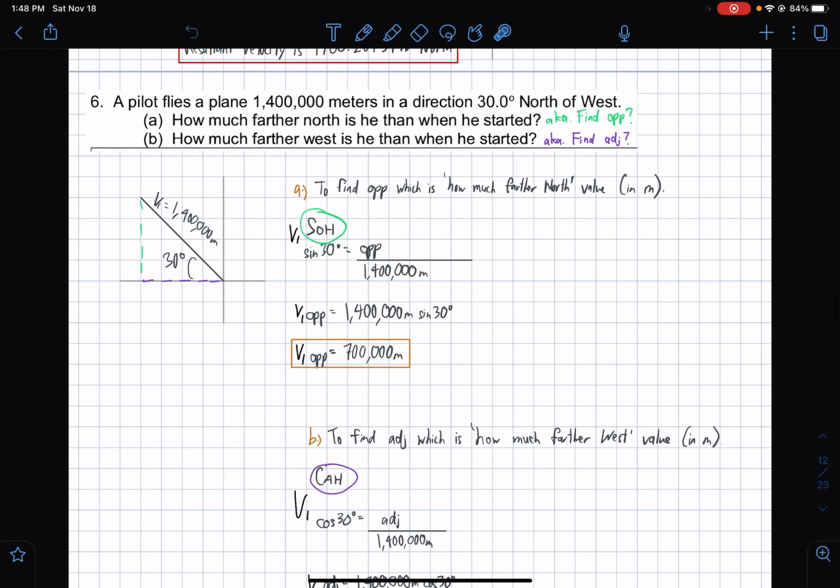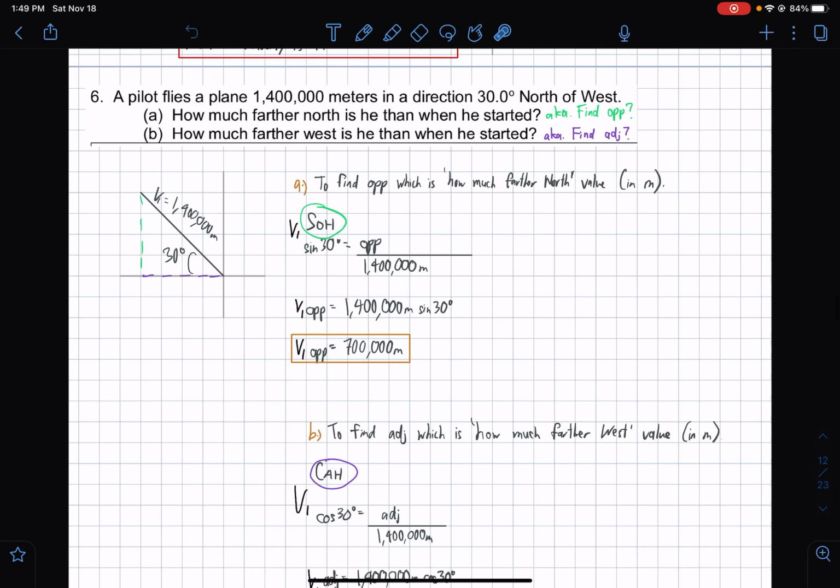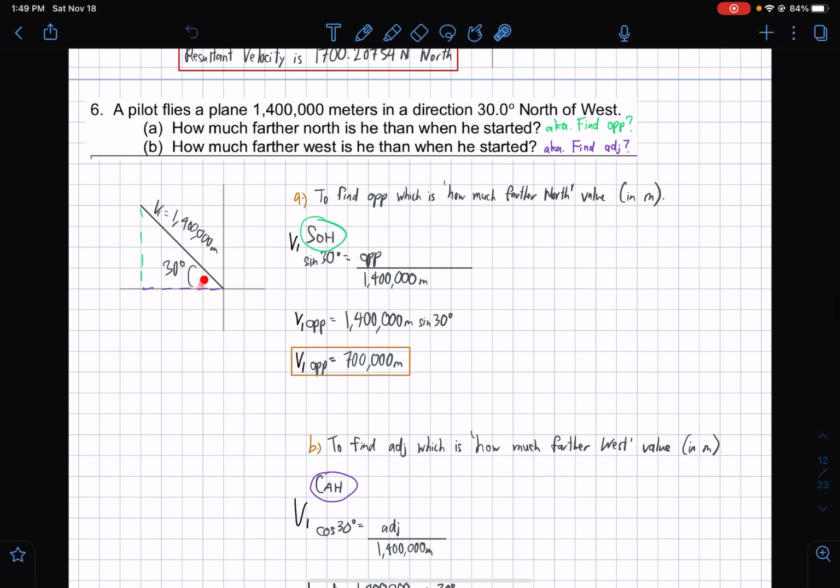And for number 6, a pilot flies a plane 1.4 million meters in a direction 30 degrees north of west. So we're given the bearing, or never mind, not the bearing, but yeah, we're actually given the bearing. Anyways, we're also given the magnitude. So how much farther north is he when he started?